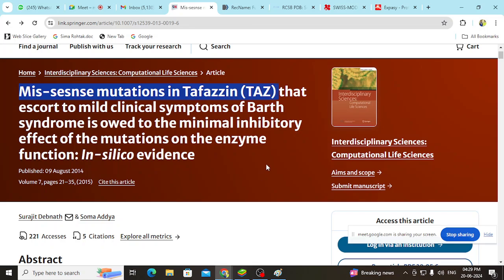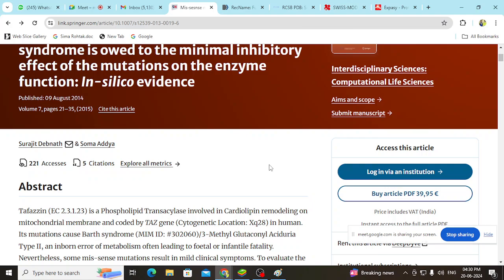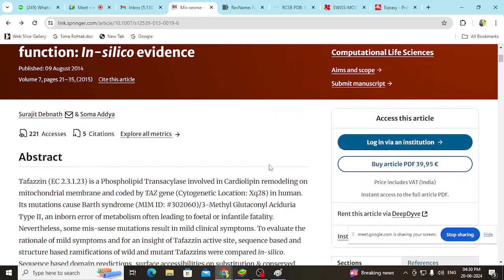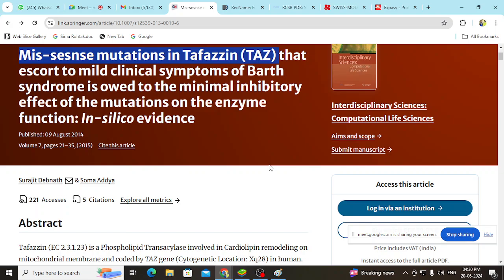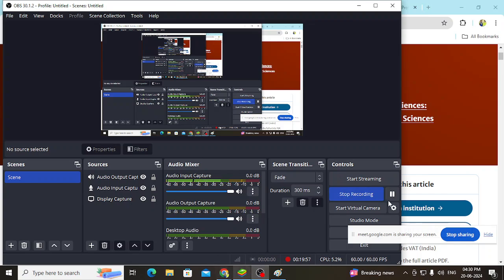Because the crystal structure is not there, we modeled it and eventually identified the mutation which leads to a minimal inhibitory effect on this particular protein. It's a rare genetic disease, also called an inborn error of metabolism. The patients die at a very young age, but some patients have been seen to survive up to 10 years. So we have studied those particular mutations. If there is any doubt, you can ask me.